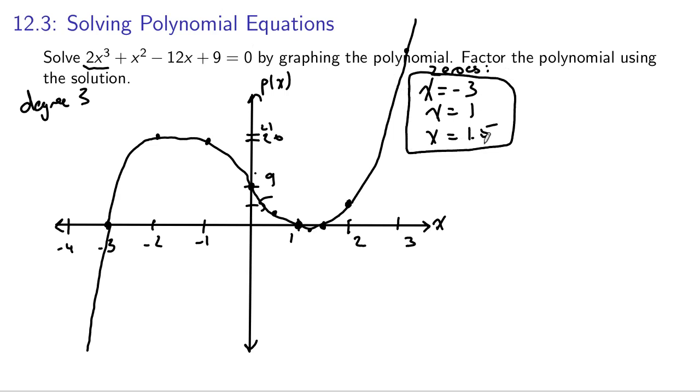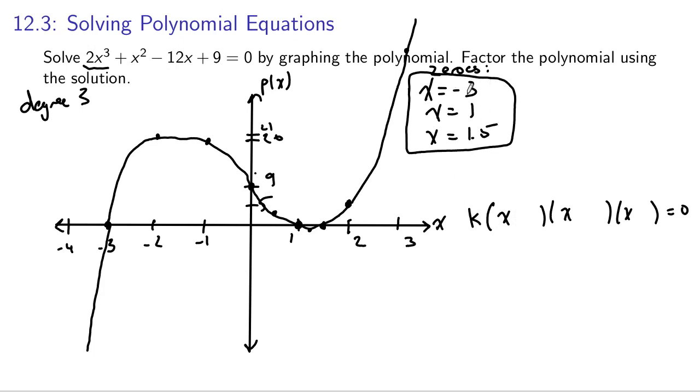Now that we have our solutions, let's now factor our polynomial. So we know we can write the polynomial out in factored form kind of like this. There's some number here, k, we're not sure of just yet. We'll find it in a second. So we're not trying to factor this whole thing. We're using the zeros to write the factorization.